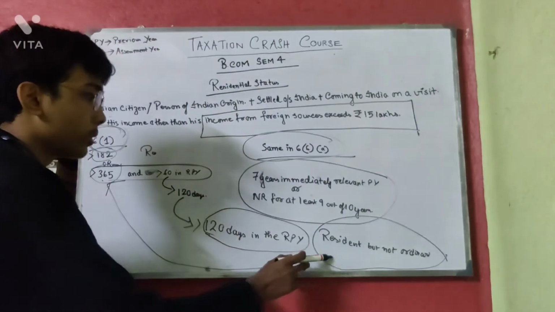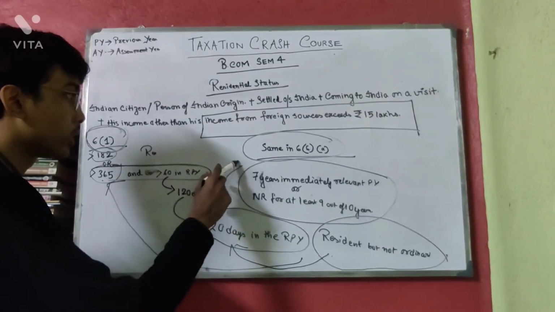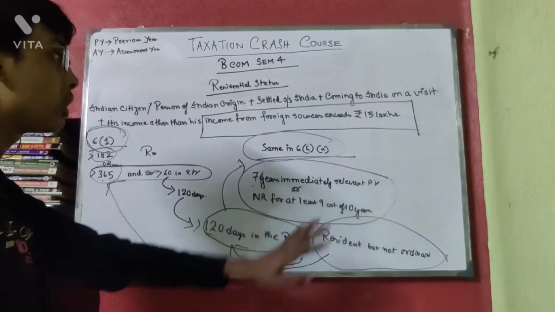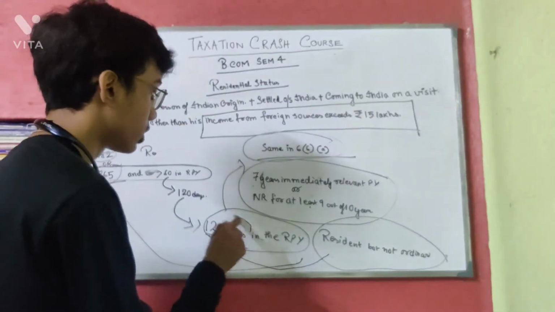And if the 120 days category is not satisfied here, we must check the condition of 729 days or less in the 7 years immediately preceding the relevant previous year and non-resident for at least 9 out of 10 years. So these two conditions must be checked.